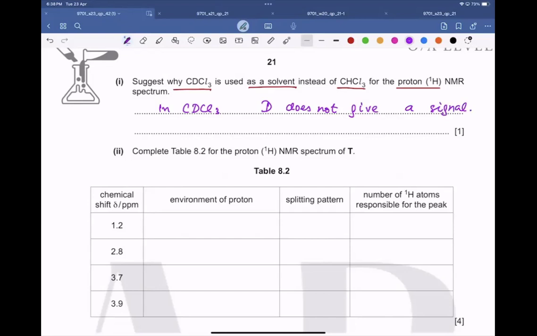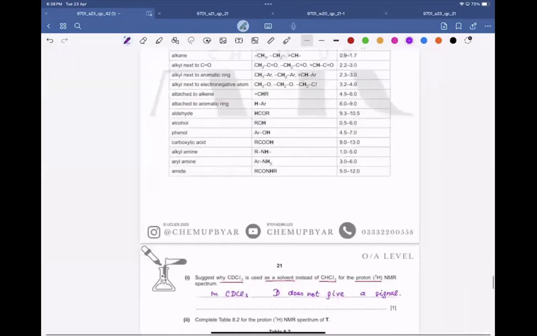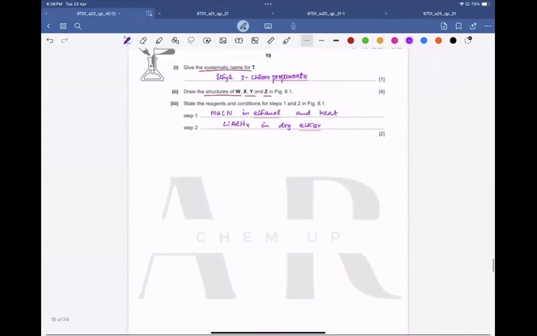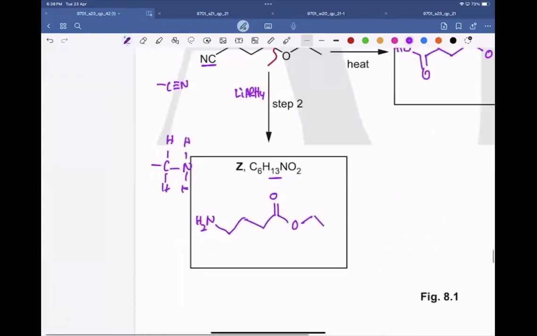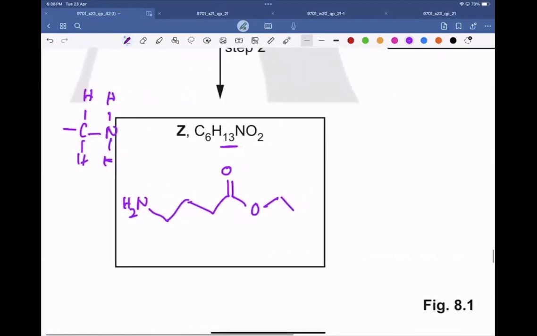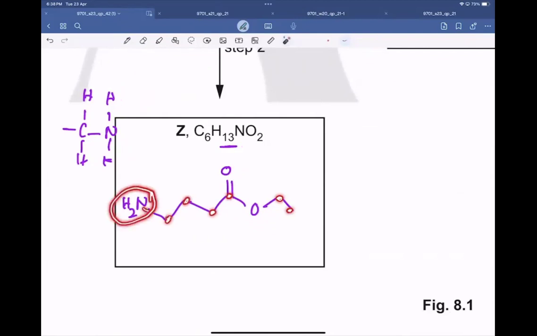Alina, you are talking about 6 or 7 carbons in the previous question. There are 6 carbons and the 7th one is a nitrogen. If you see 1, 2, 3, 4, 5, 6, these 6 are carbon, and here it's a nitrogen. So it means there is no carbon over here. This carbon is bonded to the nitrogen.